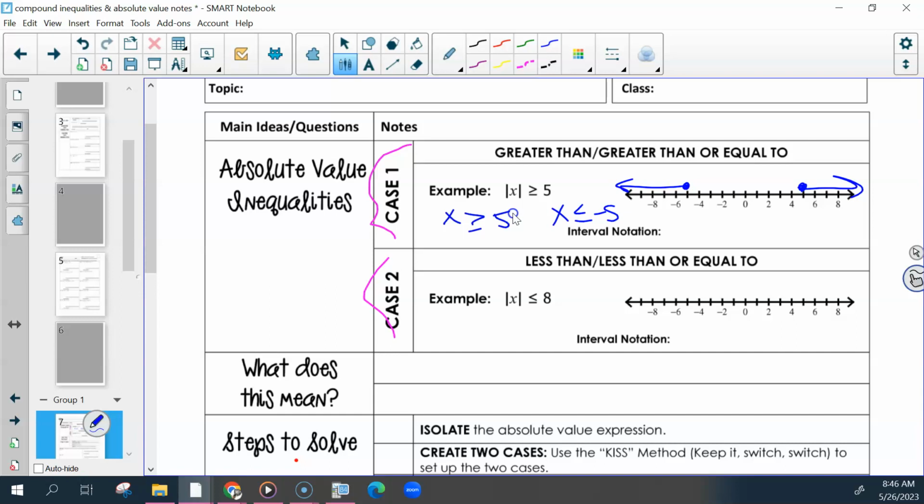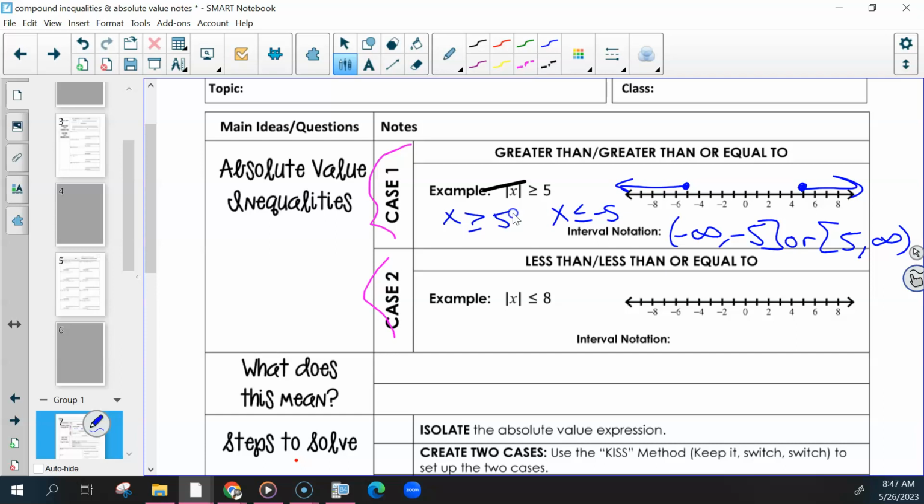If we were to do the interval notation, starting left, going to the right, it starts at -infinity, stops at -5, it's closed, so bracket. Because there's a space, this is going to be an or. So when we were doing compound inequalities, we were kind of doing the foundation for this.